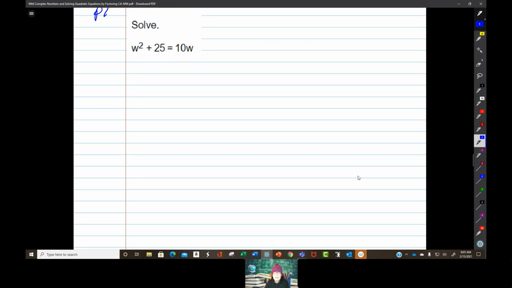So we have to use the principle of zeros here. Here's an equation. You've got stuff on the left equals stuff on the right. Stuff equals stuff. That makes it an equation. And the highest power is 2, so this is a quadratic equation.